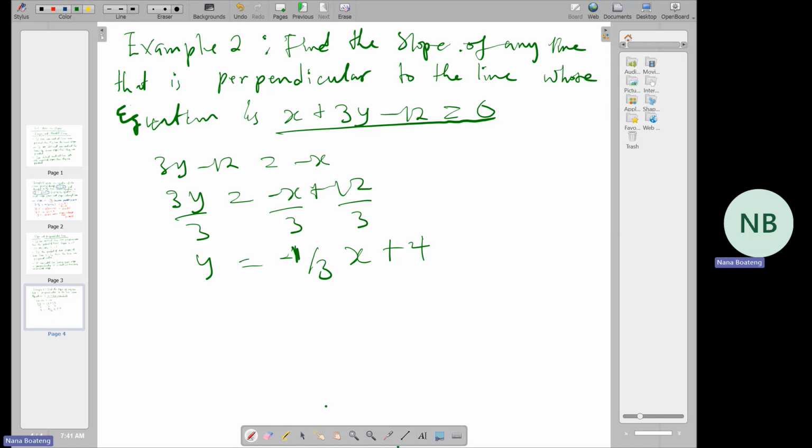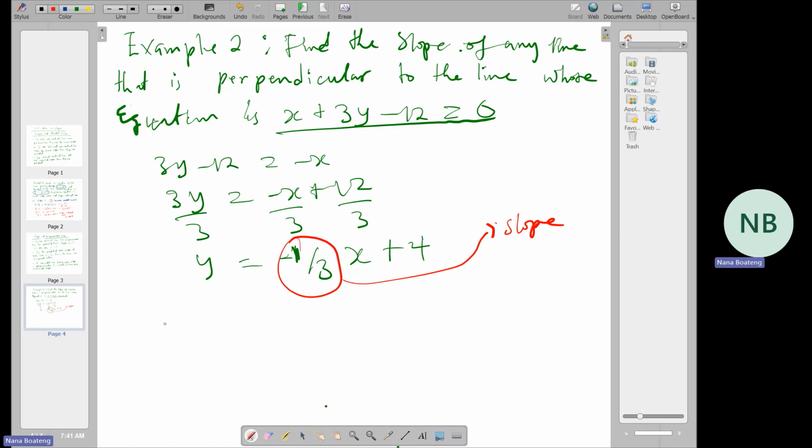So the slope of this line is -1/3. If there is any other line that is perpendicular to this line, then the product of their slopes should be equal to -1.